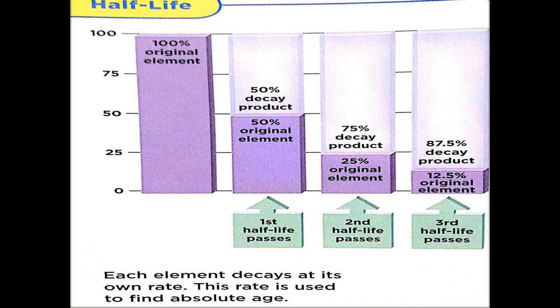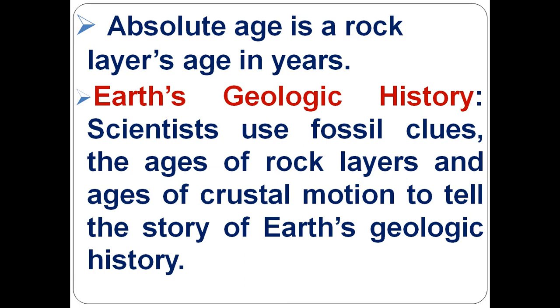Scientists use fossil clues, the ages of rock layers and evidence of crustal motion to tell the story of Earth's geologic history. Before that, we need to know what absolute age is.